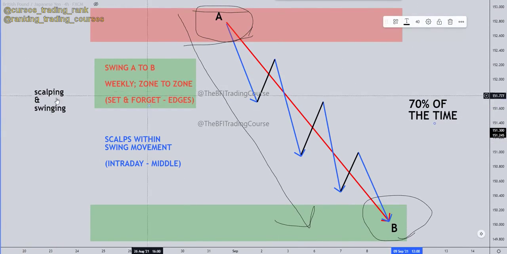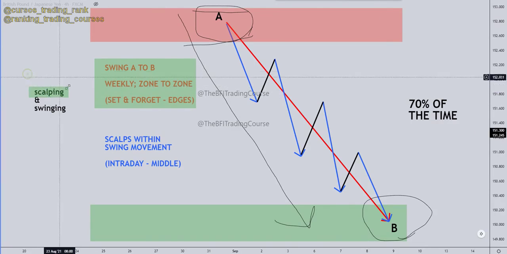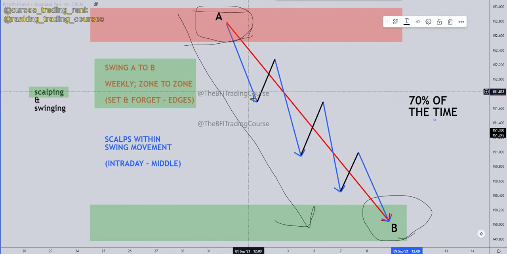Most of the time, this maybe is what's going on, and the proper environment for it, because it's maybe not really in the weekly zone, and it's maybe in the middle and ranging, and knowing when to do each.